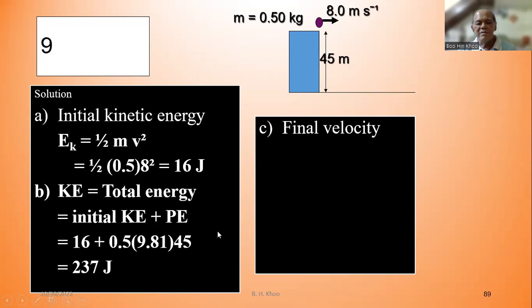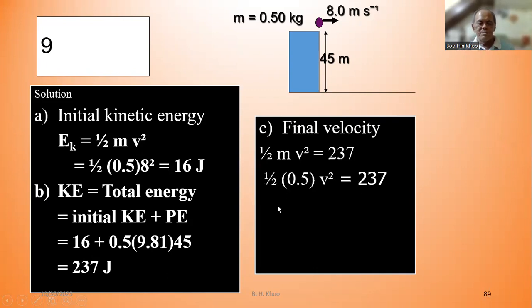Final velocity. Okay, this is the final velocity. From this formula for kinetic energy, we calculate the final velocity or speed, because we don't know the direction yet. Put in there, that's the mass, and v squared. Calculate out, v is 31 meter per second.